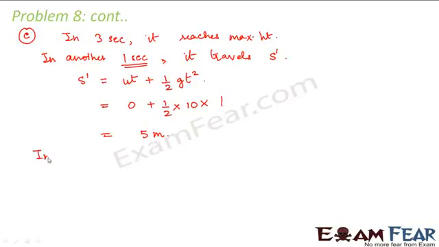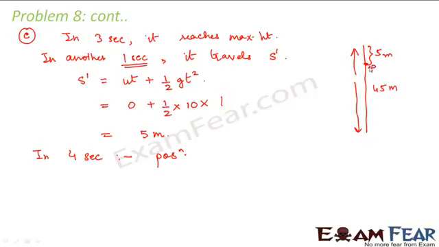So that means in 4 seconds, what was its position? So if you look at the height of the tower, what is the height of the tower? It is 45 meters, right? Just now we calculated the maximum height. So this is the height of the tower. In 1 second it traveled 5 meters. So that means it is at this point P currently.